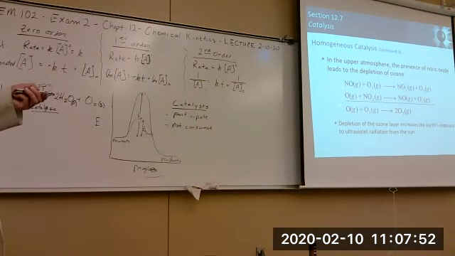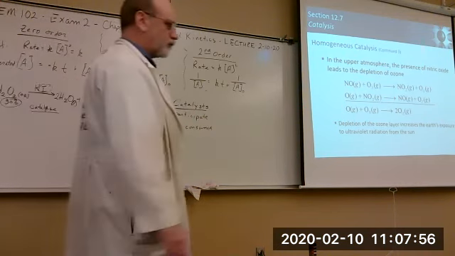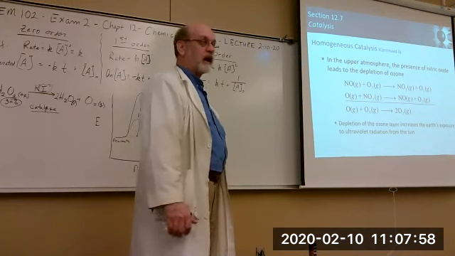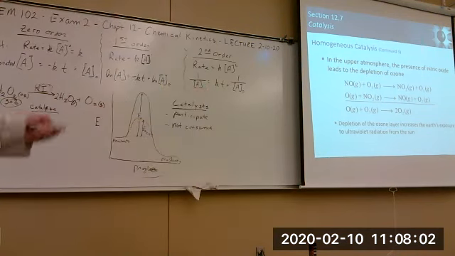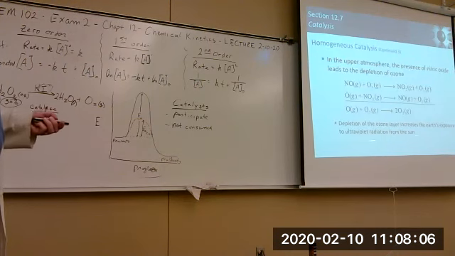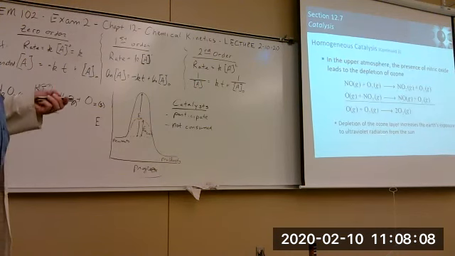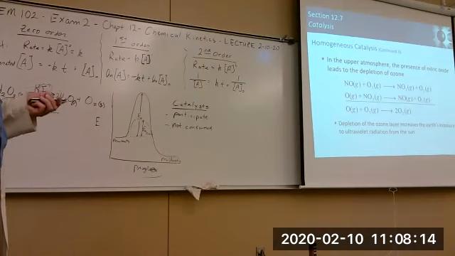There are other ways to do that. Chlorofluorocarbons, freons, they do the same thing. Right? Let's see. Nitric oxide leads to the depletion of ozone. Free radicals are always going to be there.